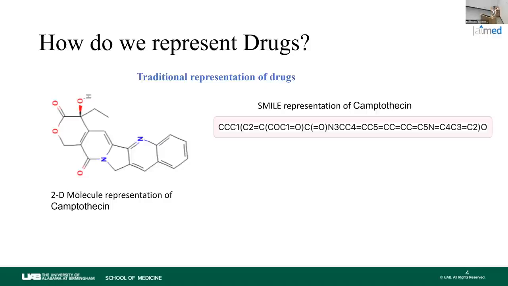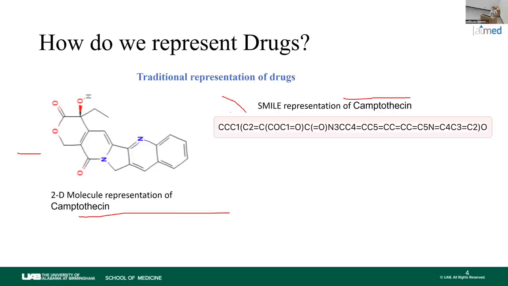On the left-hand side is the 2D representation of the drug, and on the right-hand side is the SMILES representation. So how do we work with these? We can work with them as image analysis, but we took a different approach.